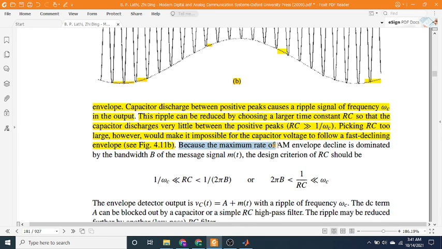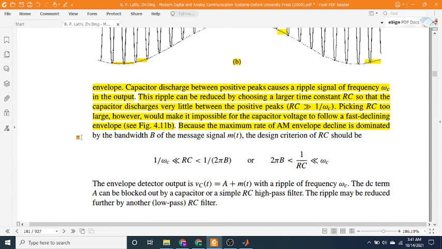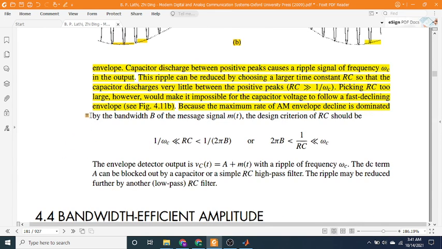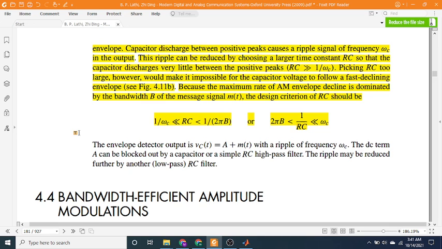Because the maximum rate of AM envelope decline is dominated by the bandwidth B of the message signal m(t), the design criterion of RC should be 1/ωc much less than RC much less than 1/(2πB), or 2πB less than 1/RC much less than ωc.